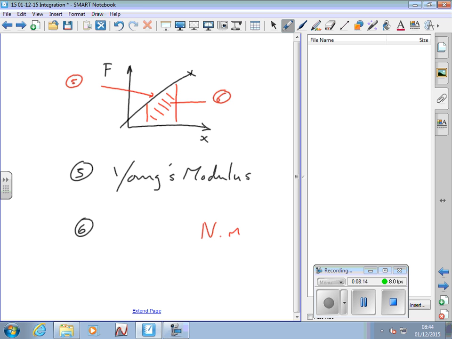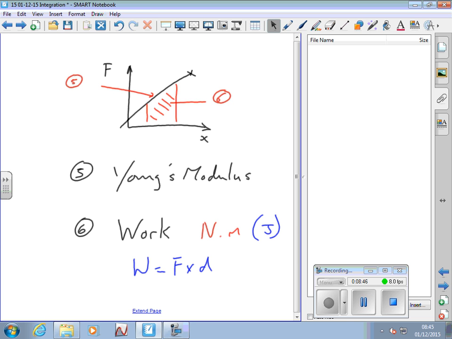Stress? No. Stress would be a force, isn't it? The amount of stress I put on something, so that would be newtons. Maybe you've not seen this before. A very useful quantity. It tells us how much work's been done. You might remember the formula. Work is force times distance, and that's exactly what we're doing here. We're multiplying force by distance, measured in Newton meters, and a Newton meter is actually a joule.